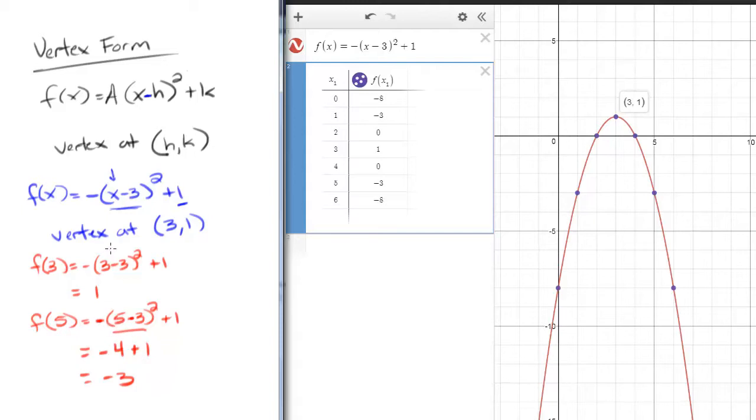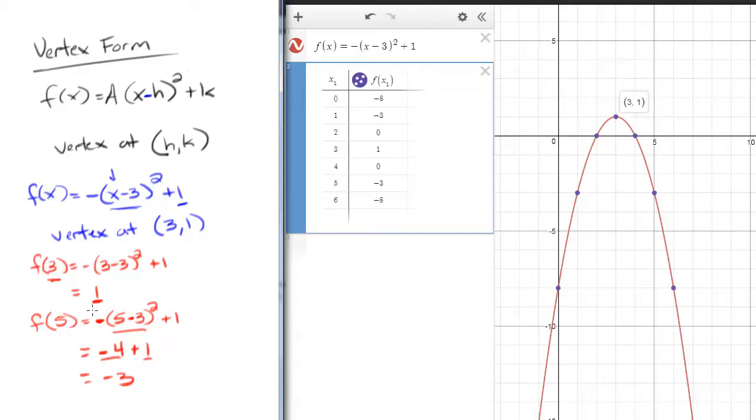So the largest value I can get out from this function would be a positive 1 when I plug in a 3 right here. That's the biggest possible. Anything else I plug in for x will make me subtract something away from the 1. Again, putting a 5 here, 5 minus 3 squared is 4, but this negative is not affected by that squaring action and stays here and will end up subtracting 4 from that value of 1 over here.